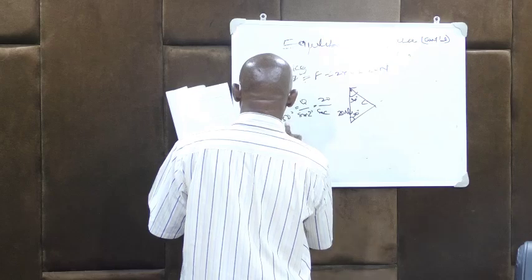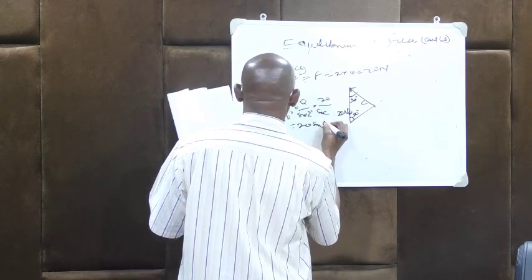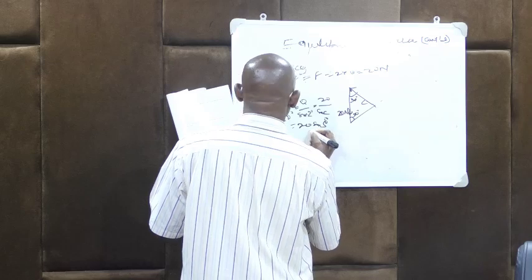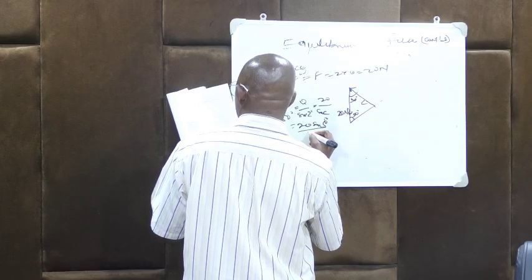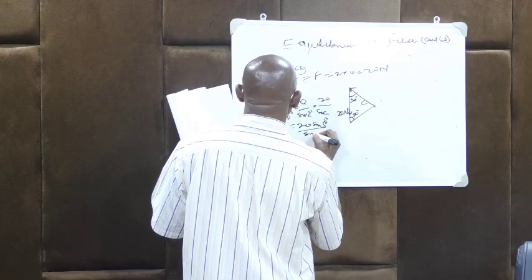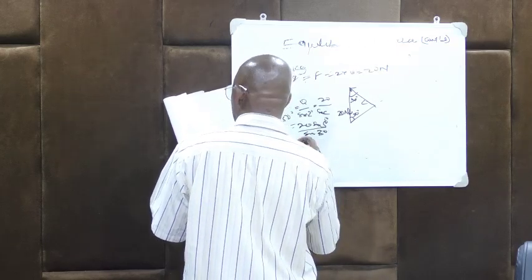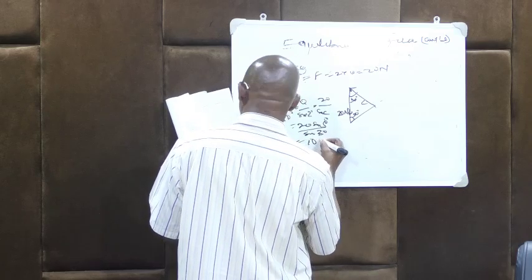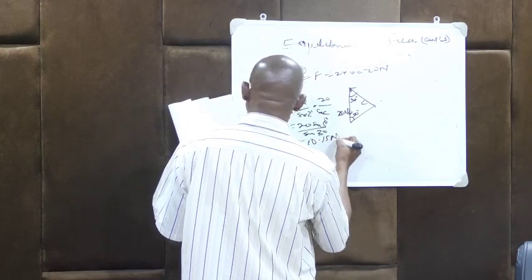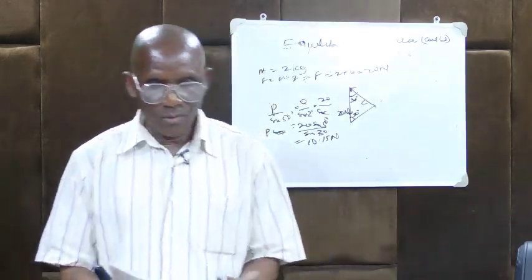We now have P equals 20 sine 50 degrees divided by sine 30. By the time you do the calculation, at the end of the day, you will get 10.15 Newton. So that is what you are going to get.